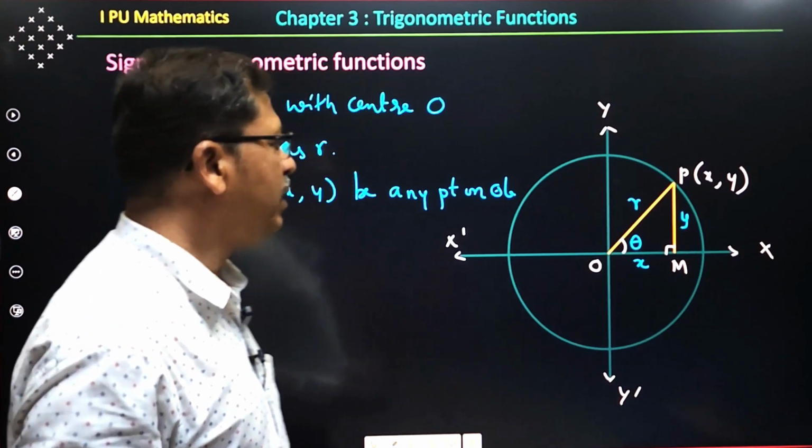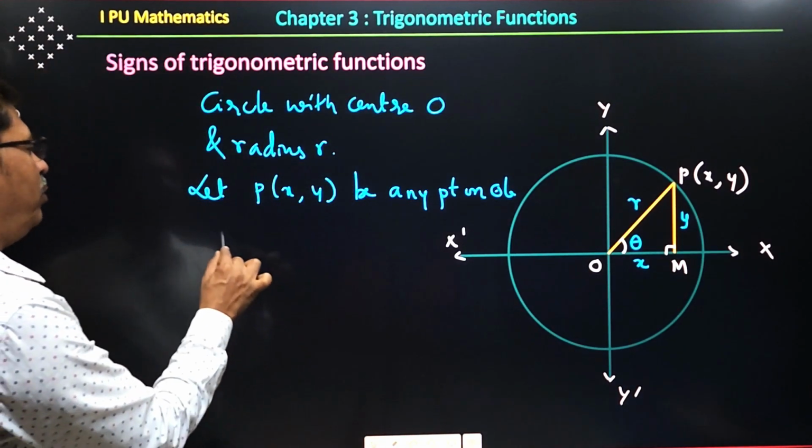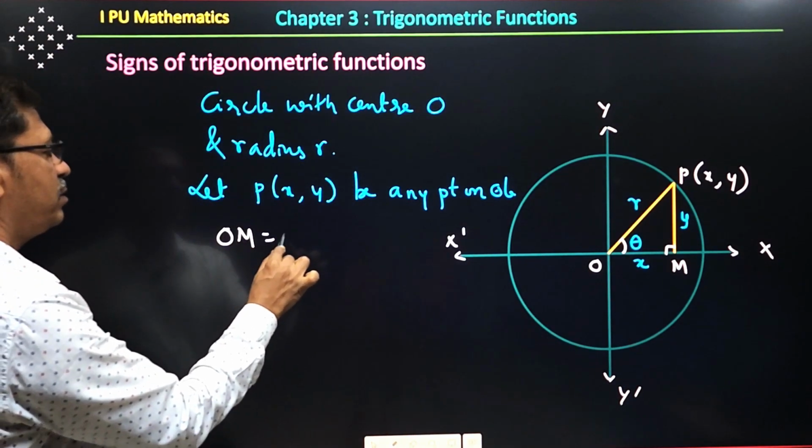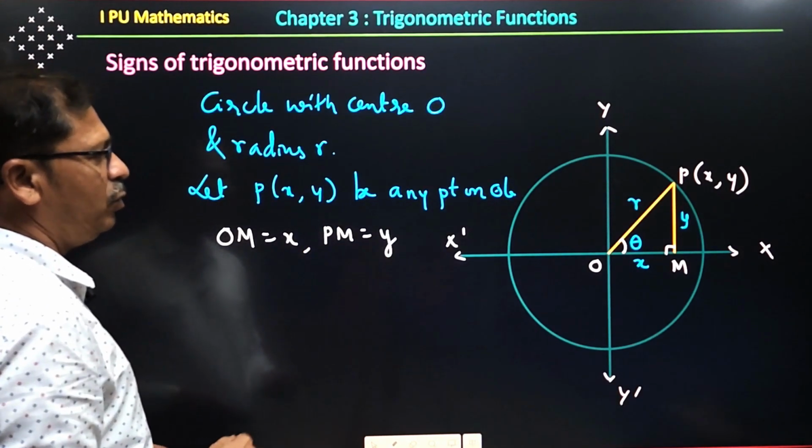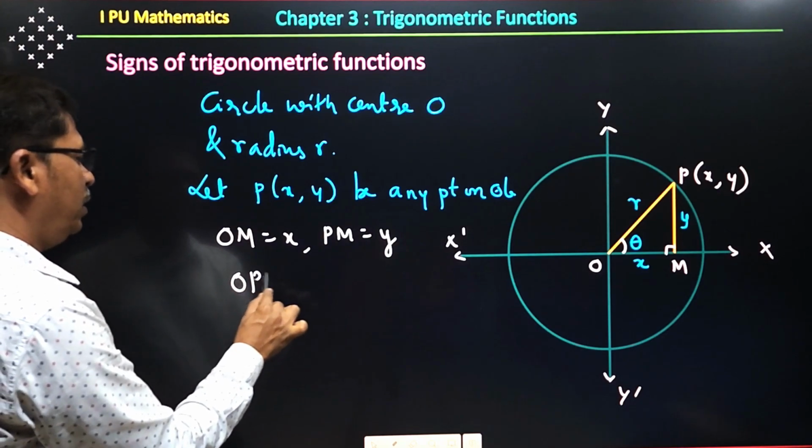As a result of your geometrical knowledge, OM length must be equal to x, PM length must be equal to y, and OP is equal to R.